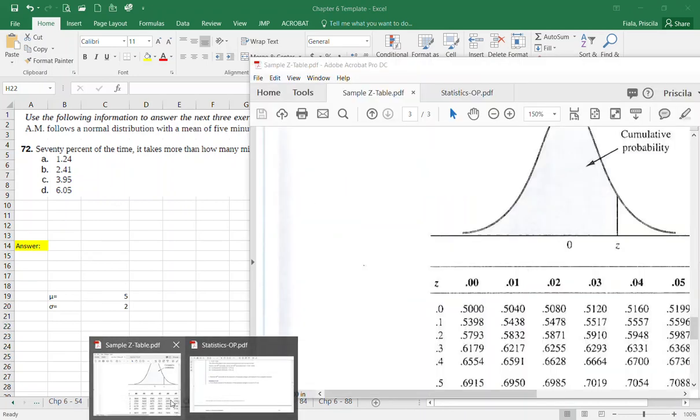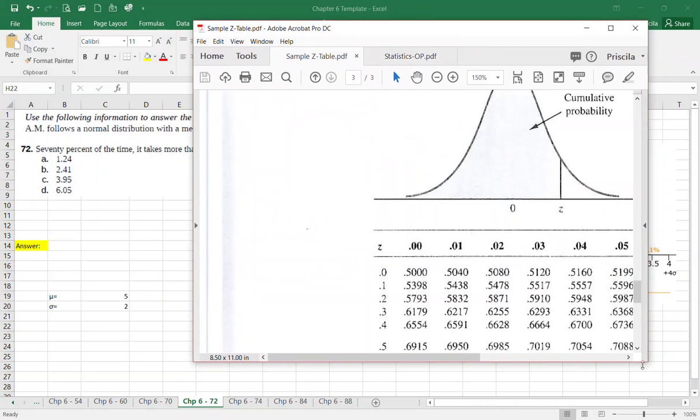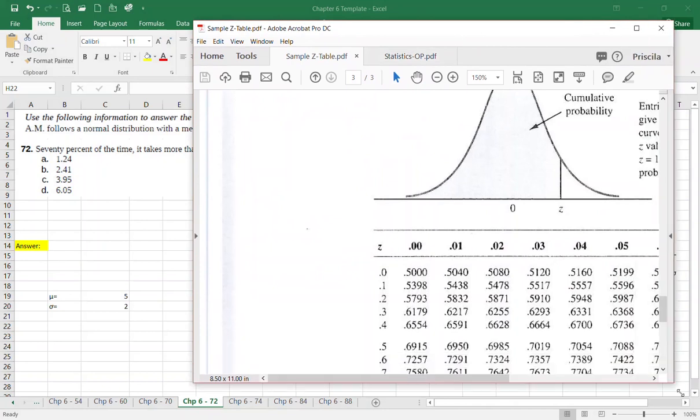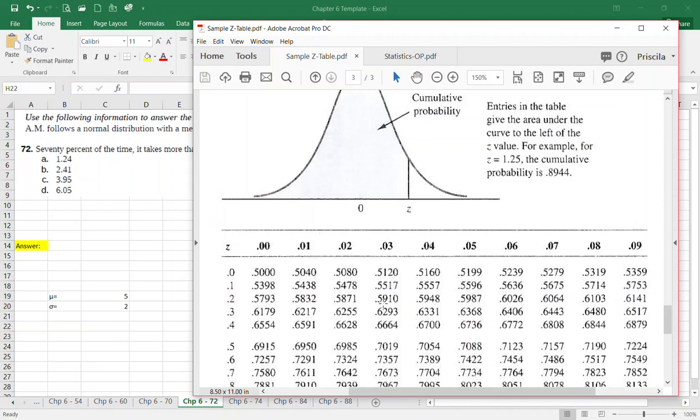Let's go back to the z table. So now I'm going to be looking for percentages, not a z-score. Where is 70% in here? Well, there it is, about half of your z-score. Here is 0.6915. Can we get any closer to 70%?